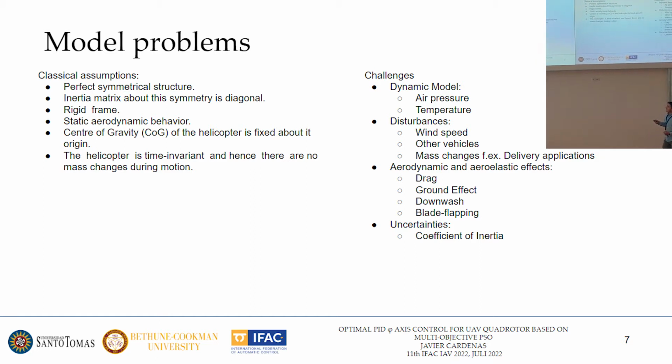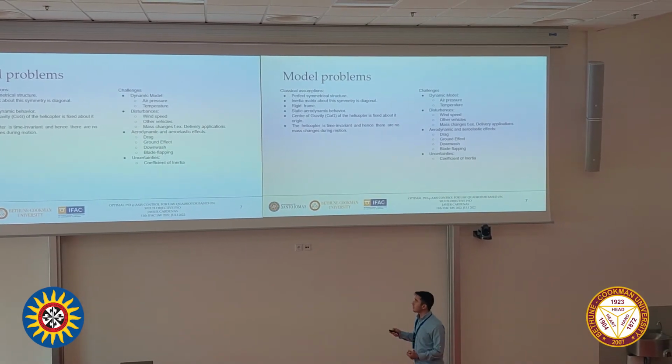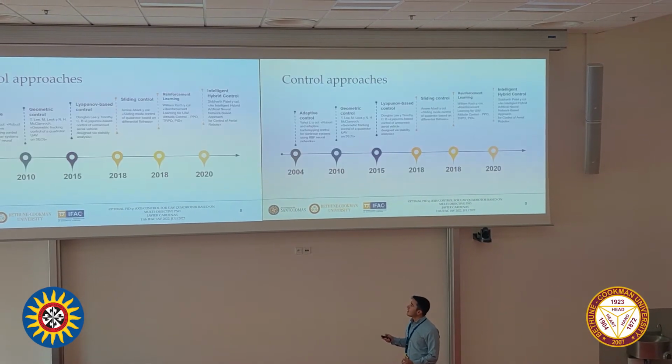And also in this model, we are not considering aerodynamic effects like drag, ground effects, and so on. Also there are uncertainties, since some parameters are difficult to calculate, for example, the coefficient of inertia.